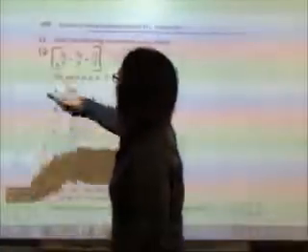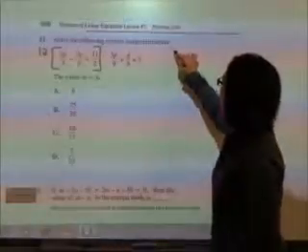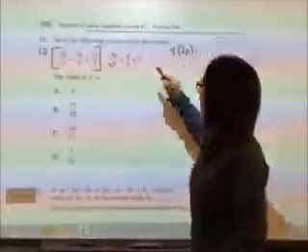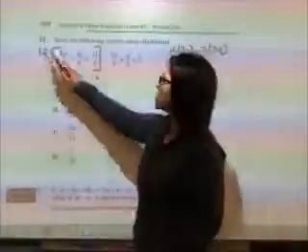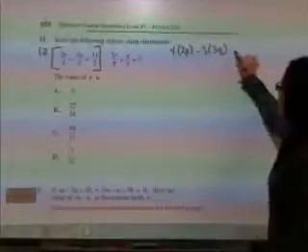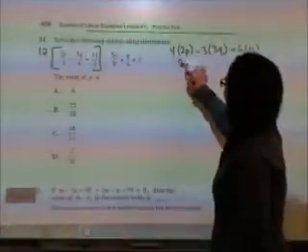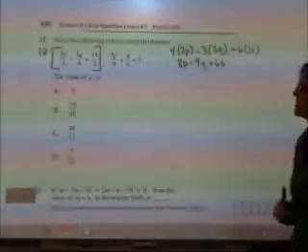So if I multiply the first term by 12, 12 divided by 3 will give me 4, and I will get 4 times 2p. 12 divided by 4 is 3, so 3 times 3q. 12 divided by 2 is 6, 6 times 11. So I get 8p minus 9q equals 66.